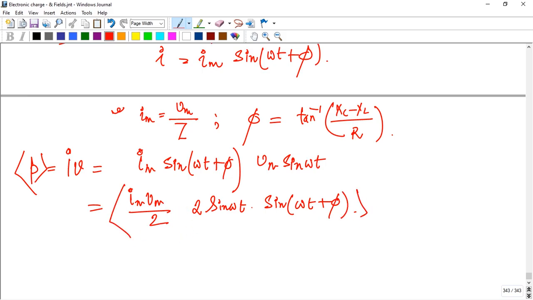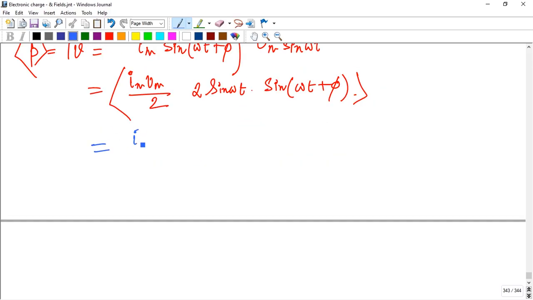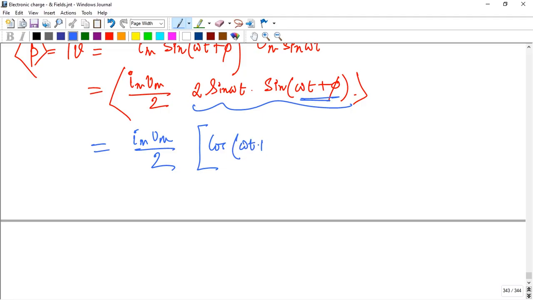Now, from class 11 trigonometry, we solve this. That is the cos function: cos of (omega t plus phi minus omega t) minus cos of (omega t plus phi plus omega t).